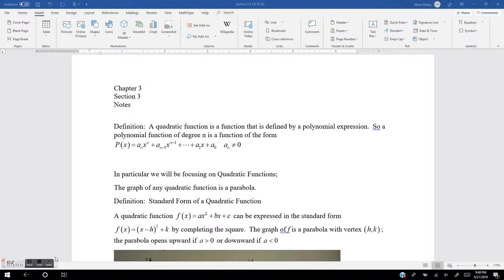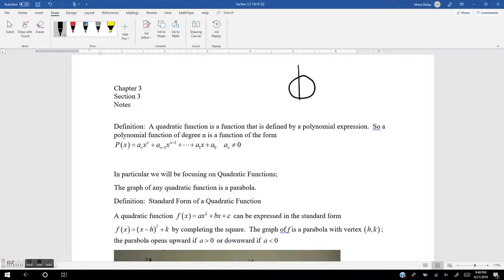But these conics do not pass the vertical line test, because obviously a circle will not pass, an oval will not pass, and parabolas that go side to side also will not pass the vertical line test. So again, as you can see here, these are conics and that's what makes it different.